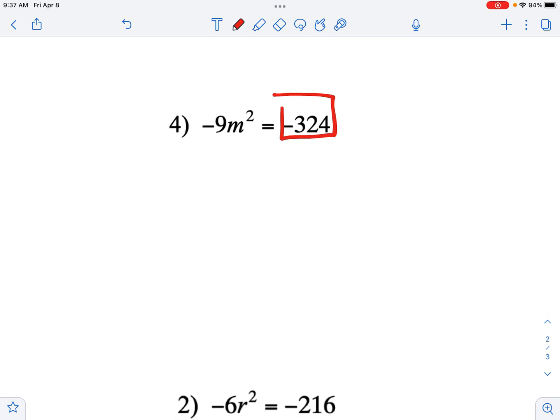Move our variable term to the other side. Find our GCF, and I'm sure it is negative 9.